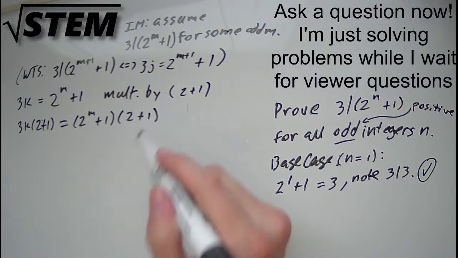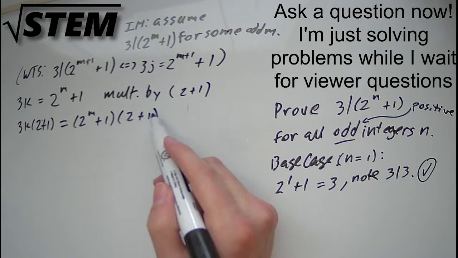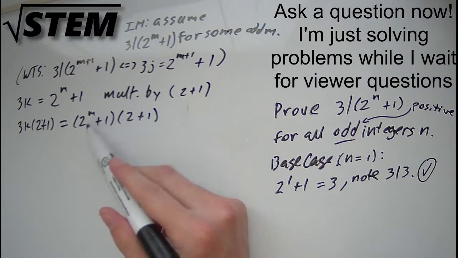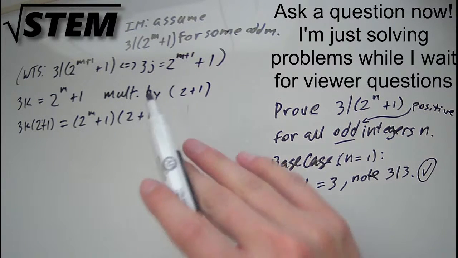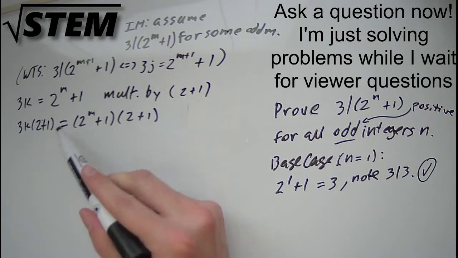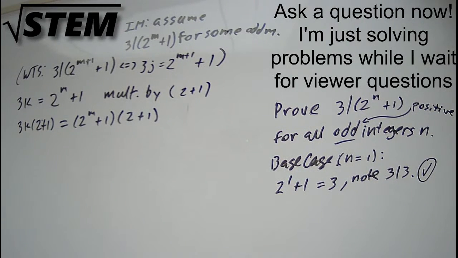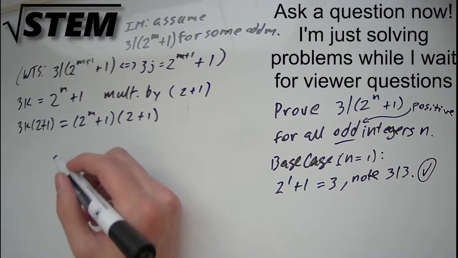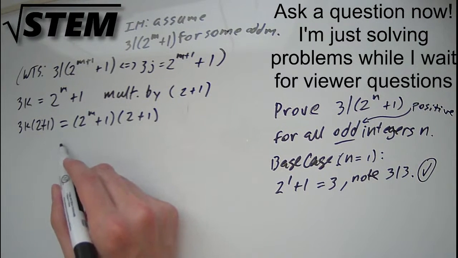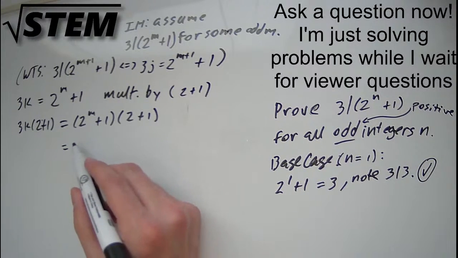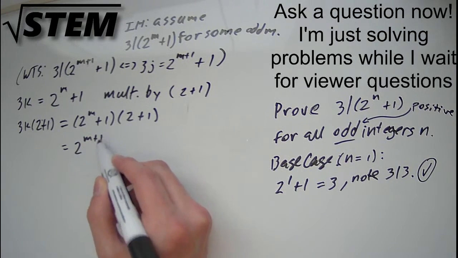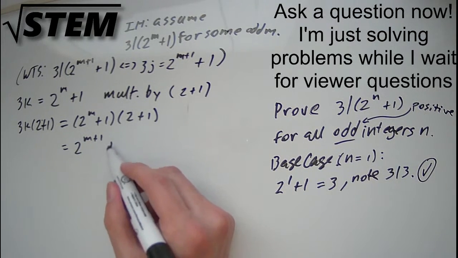Because we'll still have a 1 on this side, and we'll have a 2 to the m plus 1, and then we'll have some things that we can hopefully subtract to the other side, and maybe still factor out a 3. So that is 2 to the m plus 1 power, and we get a 1.